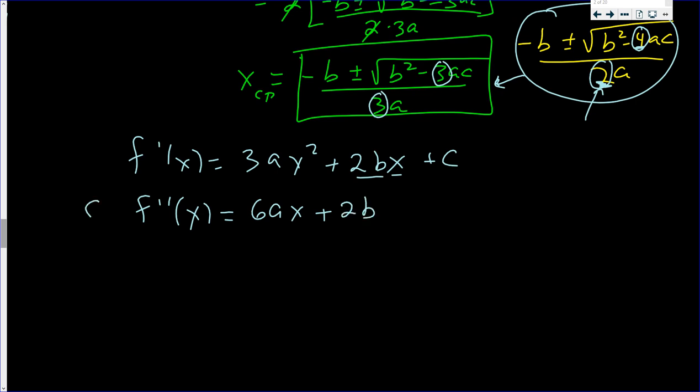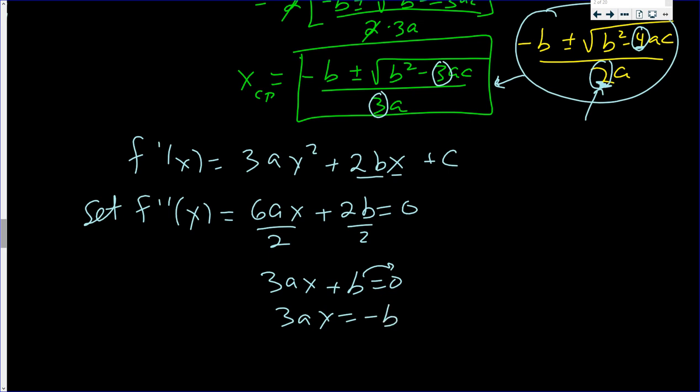And you set the second derivative equal to 0. Well, if I divide both sides by 2, I get 3ax plus b is 0. Bring the b over. I get 3ax is negative b. And then I divide by 3a. And you know what?